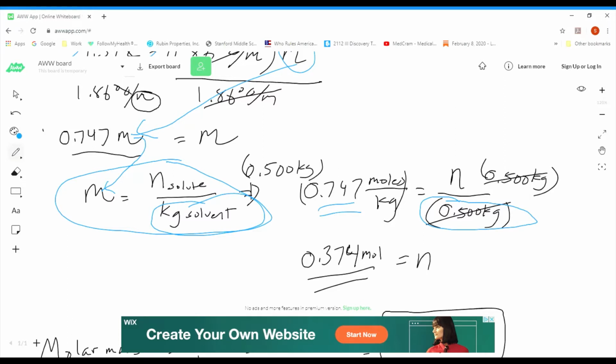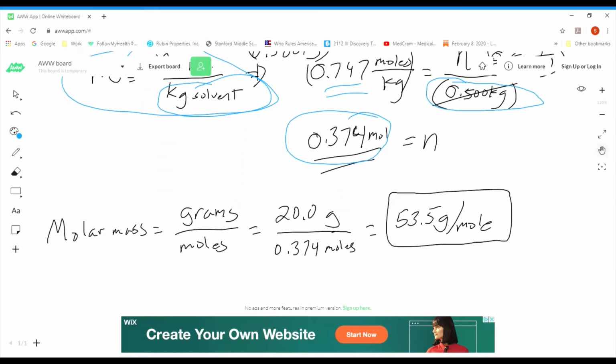Now all we have to do is solve for N. Once we solved for N, that was our moles. And once we had those moles, we used them right here to figure out what the molar mass was. We took the 20 grams that we were told, divided it by the moles we just calculated, and that gives us how many grams there were per mole. And so here is our answer.